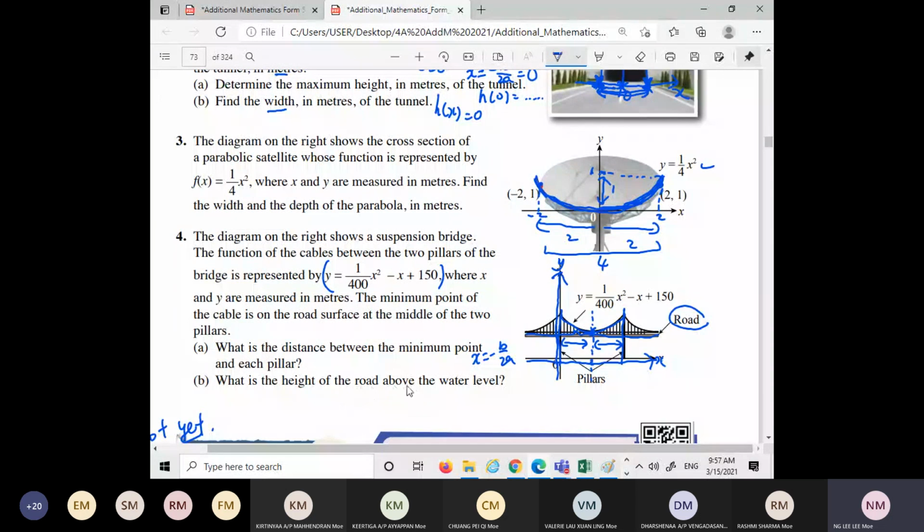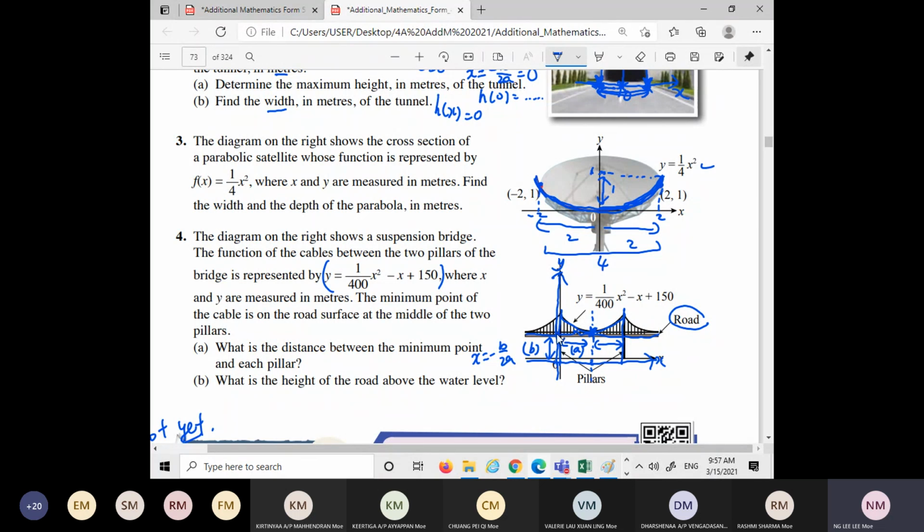What is the height of the road above the water level? It means they want this. This is for question B. Actually, this is for question A. So they want this, the y coordinate of the minimum point.